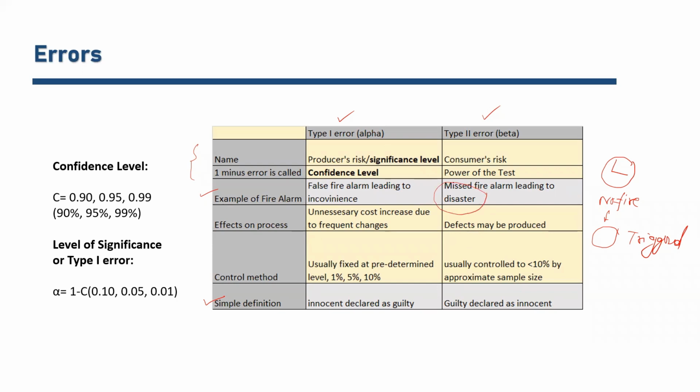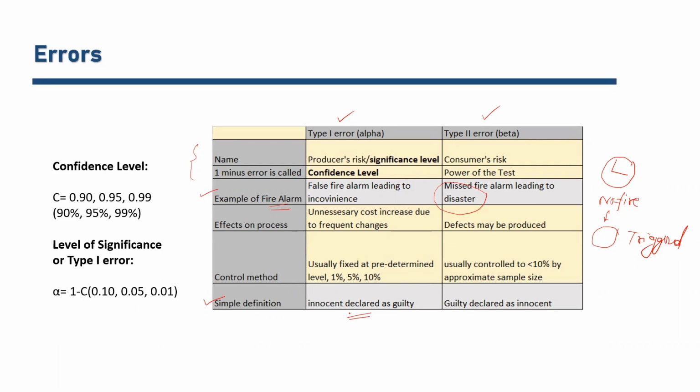Type 2 error is a disaster for a situation like a fire alarm, right? But type 1 is a disaster for a court of law, because you cannot have an innocent declared as guilty. A guilty can be declared as innocent. That is not much of a challenge for the court of law, right?